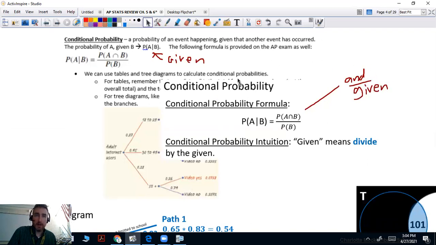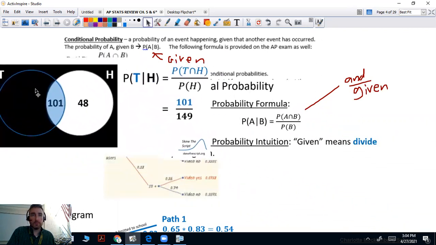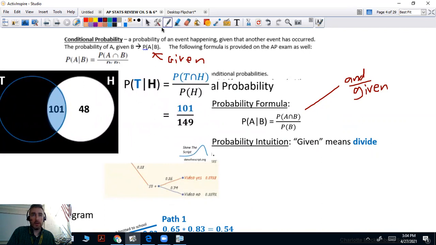As a Venn diagram, the overlap is 101, so that's your numerator. And then the H is not just the 101 but the 48 too; if you add those, you get 149. That's everything within the H, so it's 101 out of 149. That would be the probability for T given H.